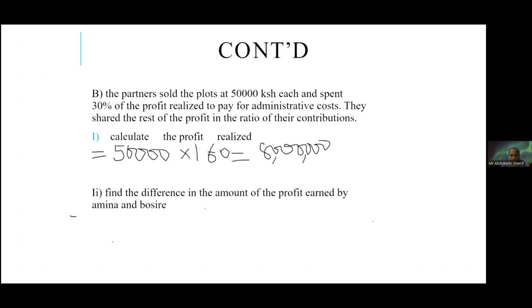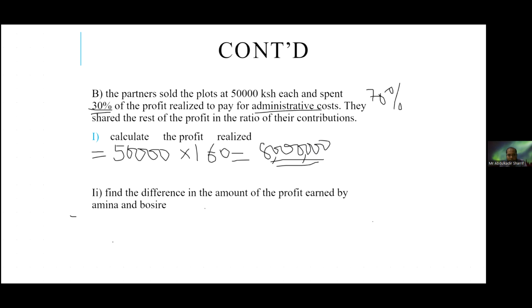So just like I said, this is your profit, but this is not the profit realized. There's a profit realized, and there's just the total profit, and there's a gross profit. Kuna baadhi ya profit ilitumika, so 30% was used for administrative cost. So yamaanisha ile 30%, ile 70% iliyobakia ndo ilikuwa realized, ilitumiwa na hao contributors or the partners.